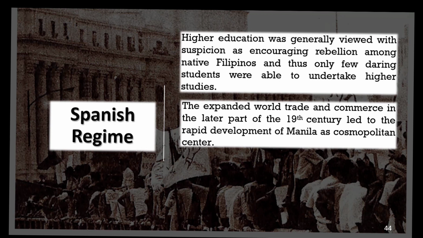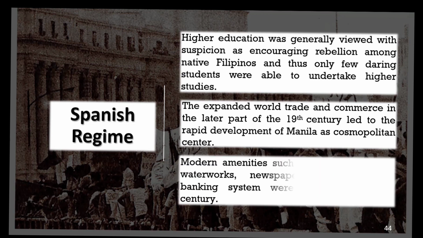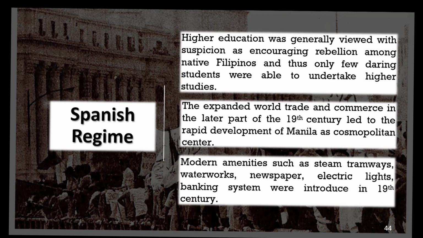The expanded world trade and commerce in the later part of the 19th century led to the rapid development of Manila as a cosmopolitan center. Then there were already steam, tramways, waterworks, newspaper, electric lights, and a banking system.